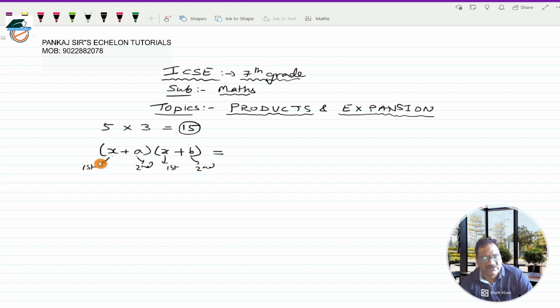So whenever you want to find out the product of two binomials, what you have to do is take the first term. Now these are the rules which you have to follow. So you have to take the first term of the first binomial.